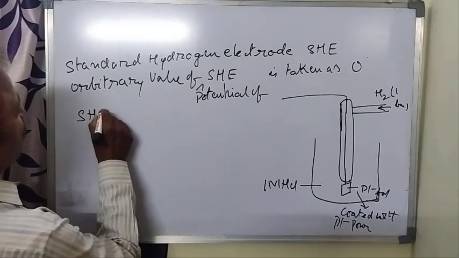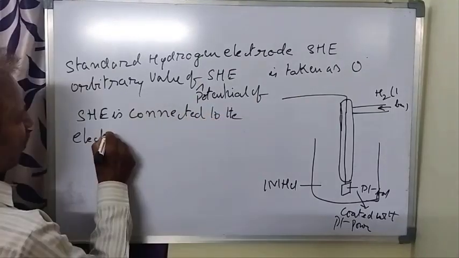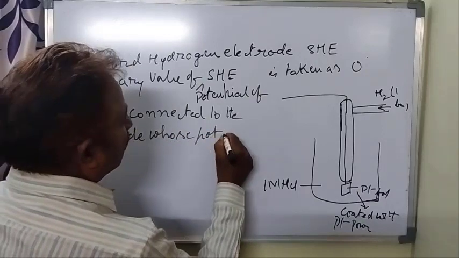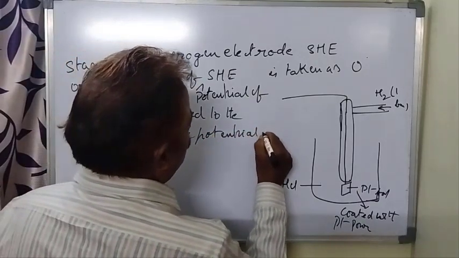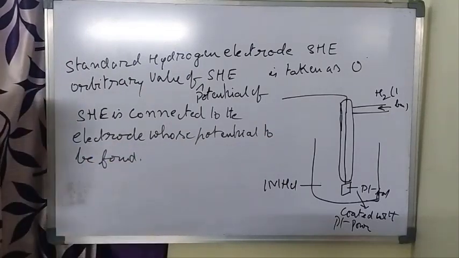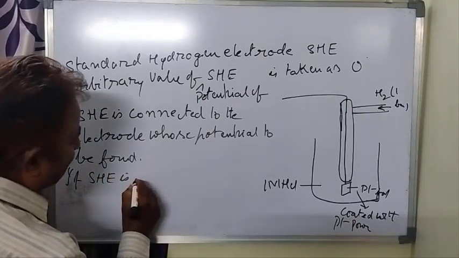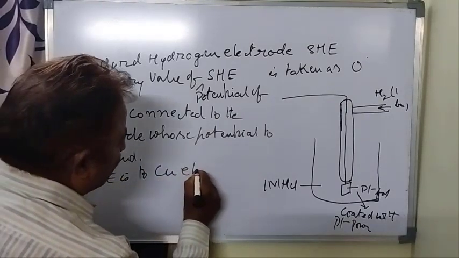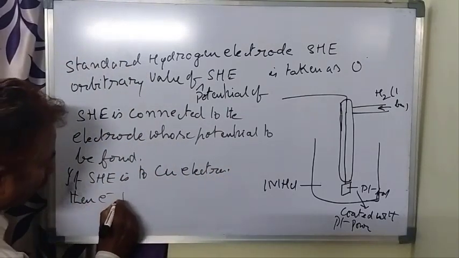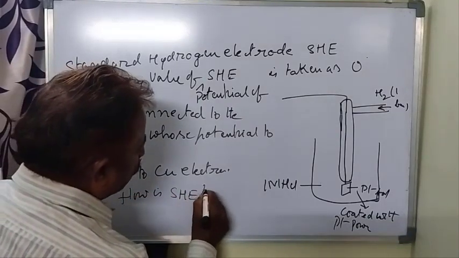So SHE is connected to the electrode whose potential is to be found. For example, if SHE is connected to copper electrode, then electron flow is observed from SHE to copper.